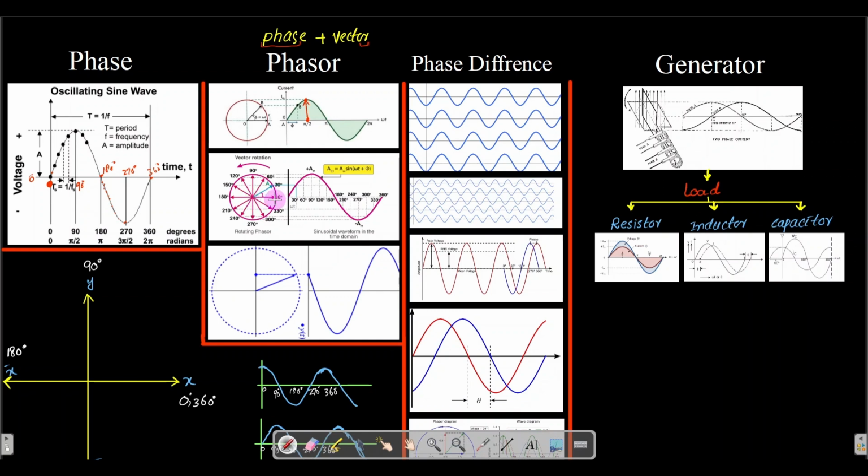And now we have the coordinate system. In the coordinate system we cut the whole cycle into 4 parts. So this is the first, second, third and fourth part.